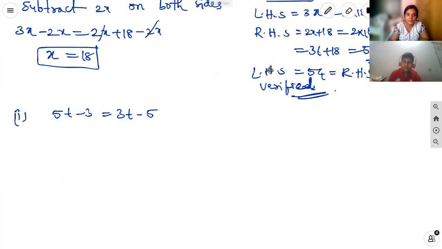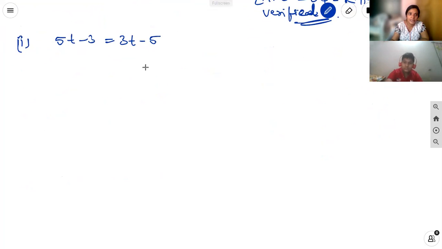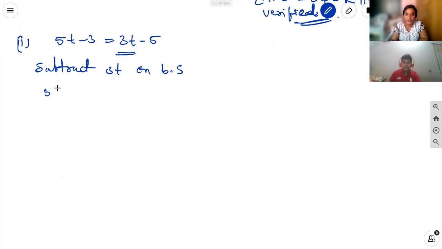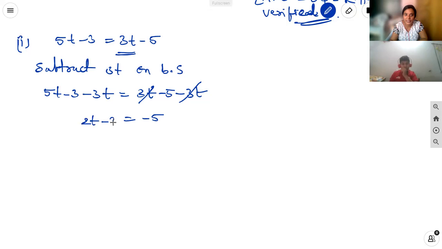So here the right hand side 3t is there, so subtract 3t on both sides. So 5t minus 3 minus 3t equal to 3t minus 5 minus 3t. Plus 3t minus 3t becomes 0. Its constant is minus 5. 5t minus 3t is 2t minus 3.